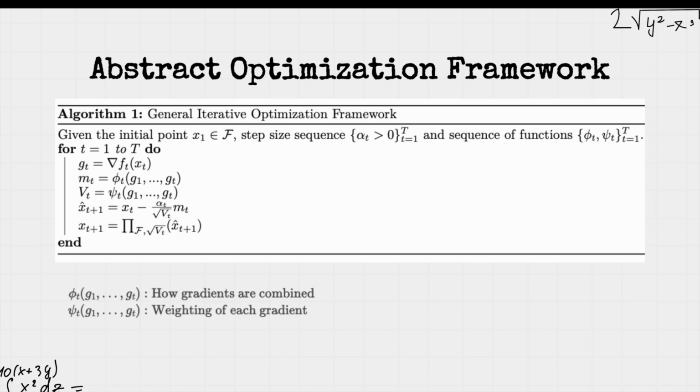Perform a gradient step to update x_{t+1} hat using the formula x_t minus alpha_t over square root of v_t times m_t. Finally, project x_{t+1} back to the feasible set using the projection operator. Functions phi_t and psi_t determine how the gradients are combined and specify the weighting of each gradient.